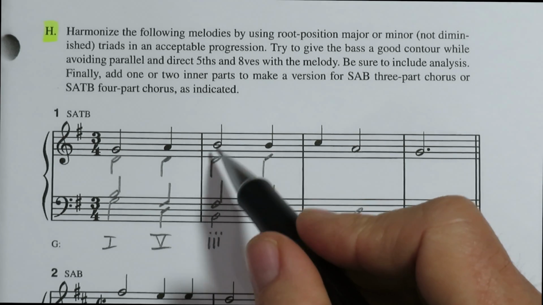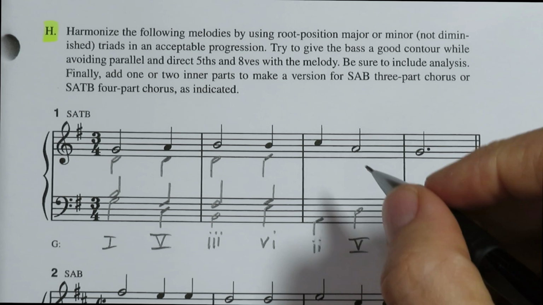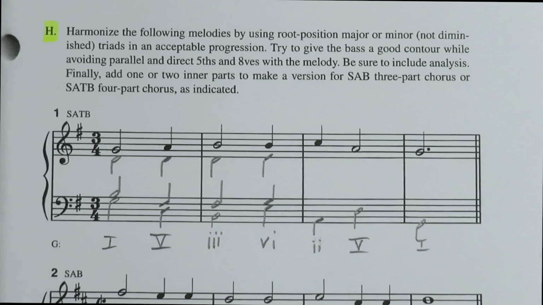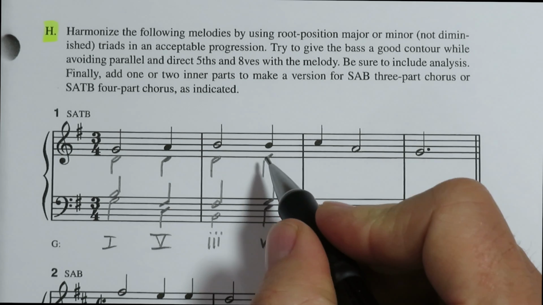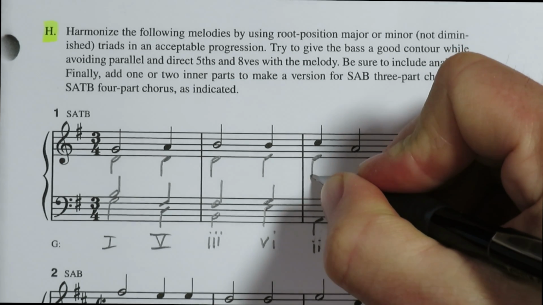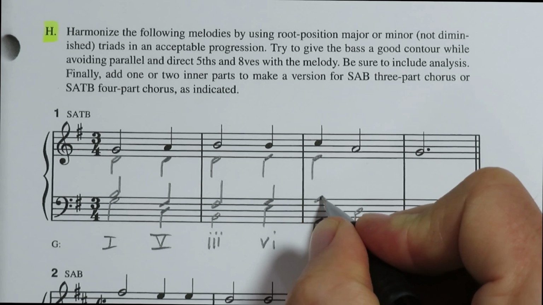Octave to 5th, just checking for parallels real quick, and we're good. Okay, so the 2 chord, A minor, A, C, E. We have the A and the C. There's an E for a common tone, very nice. And the G moves nicely up to the A octave there.